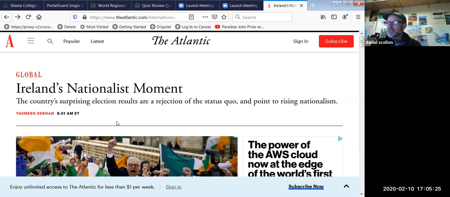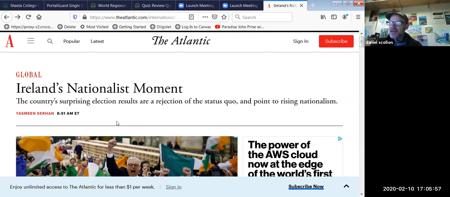So this recent election was somewhat surprising, and yet the authors of the article go on to say that over the weekend, Irish voters handed an unprecedented victory to Sinn Féin, a nationalist party that is perhaps best known for being the political arm of the Irish Republican Army, or the IRA, during the decades of sectarian conflict in Northern Ireland known as the Troubles.